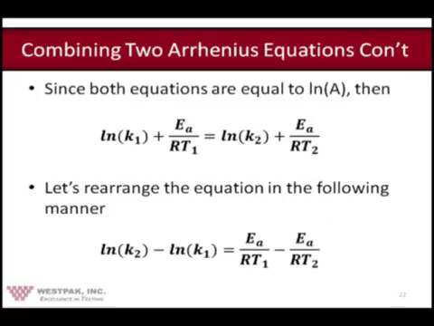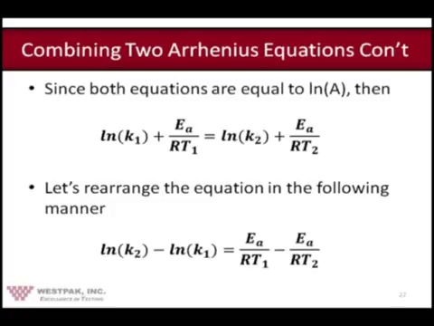Since both equations now equal the natural log of A, we can then set them equal to one another. With some additional rearrangement, we can then set the natural logs of the reaction rates on one side. This is Herb sticking in again. So basically all we've done in the top equation is that we've made log A equal to log A in both cases, except we're defining it in terms of what it's equal to in both equations.